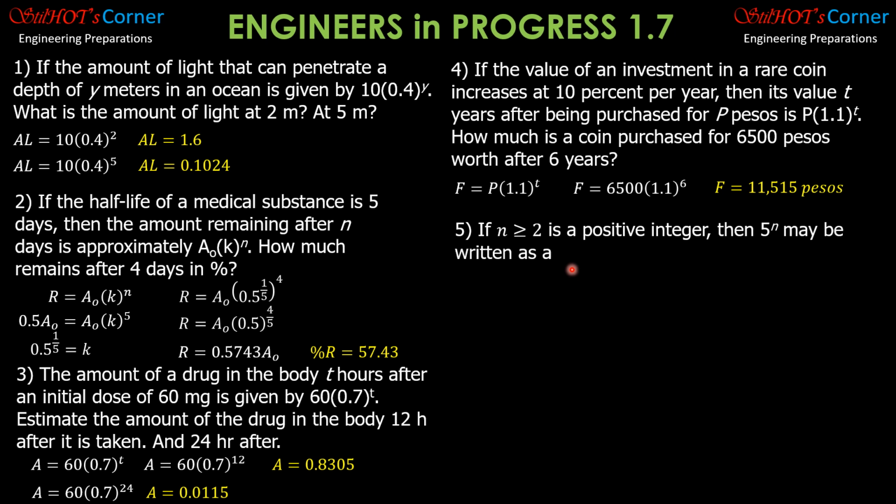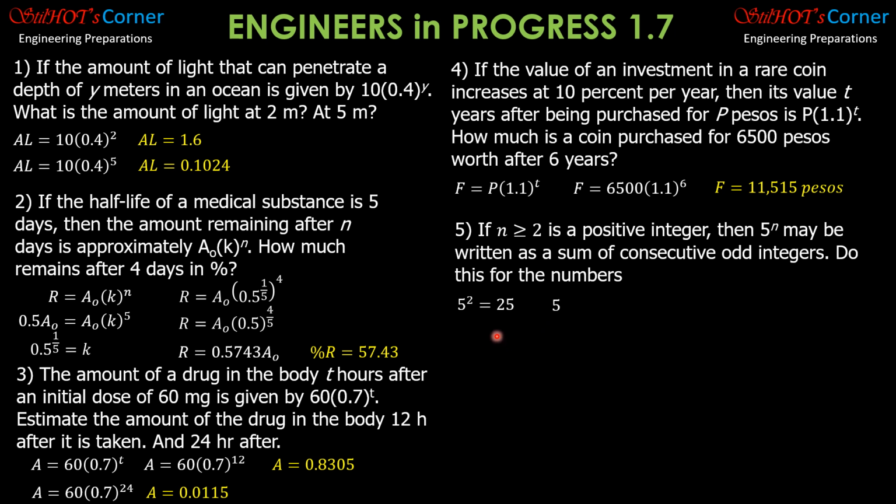If n, greater than or equal to 2, is a positive integer, then 5 to the n may be written as a sum of consecutive odd integers. Do this for the numbers 5 squared, which is 25, 5 cubed, 125, and 5 to the fourth, which is 625.